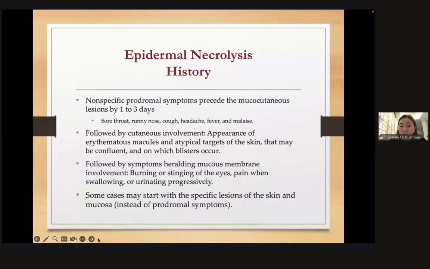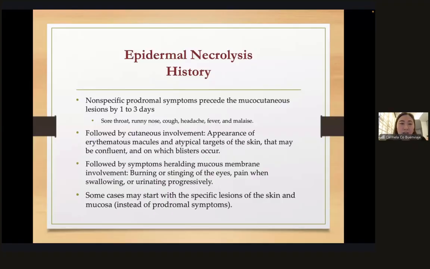On the patient's history, non-specific prodromal symptoms precede the mucocutaneous lesions by about 1 to 3 days. This includes sore throat, runny nose, cough, headache, fever, malaise, followed by the cutaneous involvement, meaning the appearance of erythematous macules and atypical targets of the skin that may become confluent and on which blisters occur.